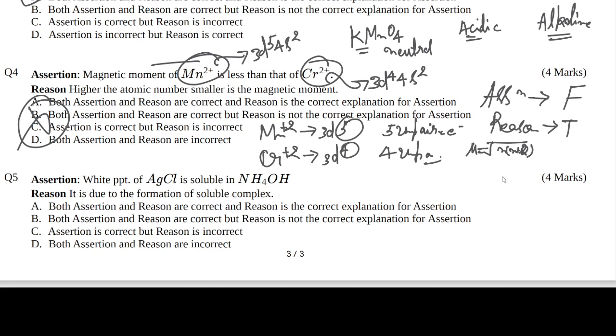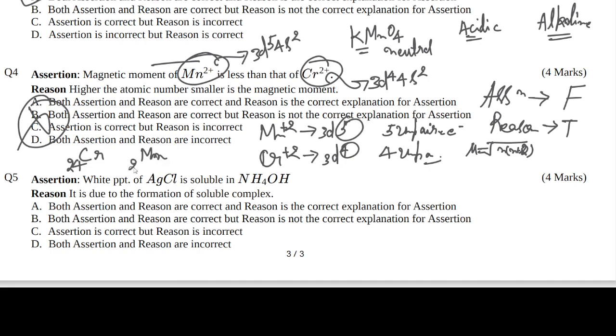Why am I doing it like that? The assertion is false: the magnetic moment of manganese plus 2 is not less than that of chromium plus 2. And the reason is true: higher the atomic number, smaller is the magnetic moment. For example, chromium is 24 and manganese is 25.